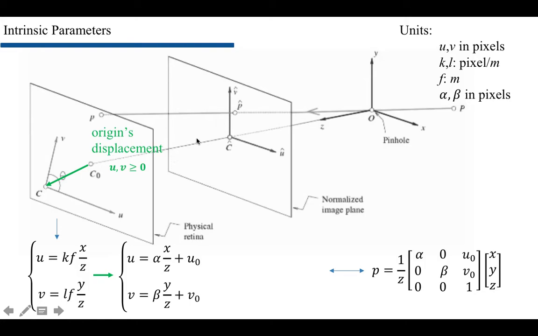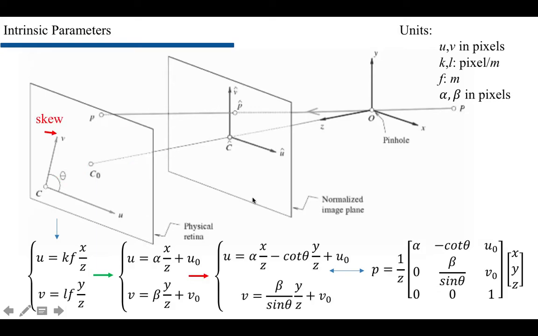We need to add half of the width of the image in the horizontal x, and we need to add also half of the vertical size in the y coordinate. So just by adding u0 and v0, we can displace the origin, and each point that lies in the negative area will automatically become a positive number. So it's pretty simple, but let's go further.